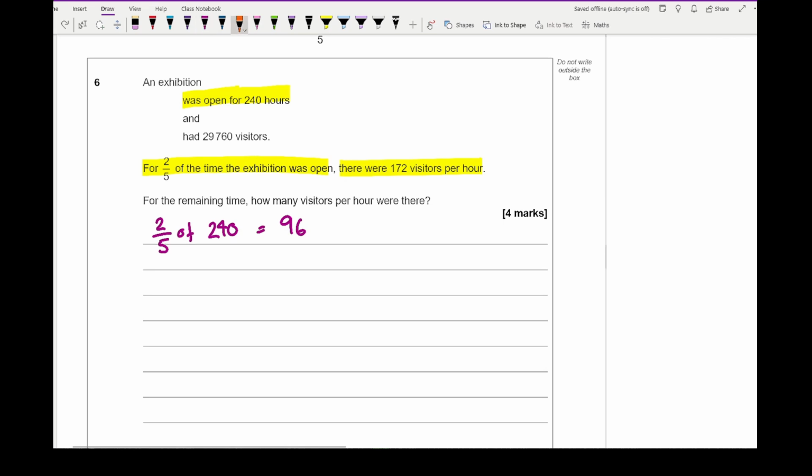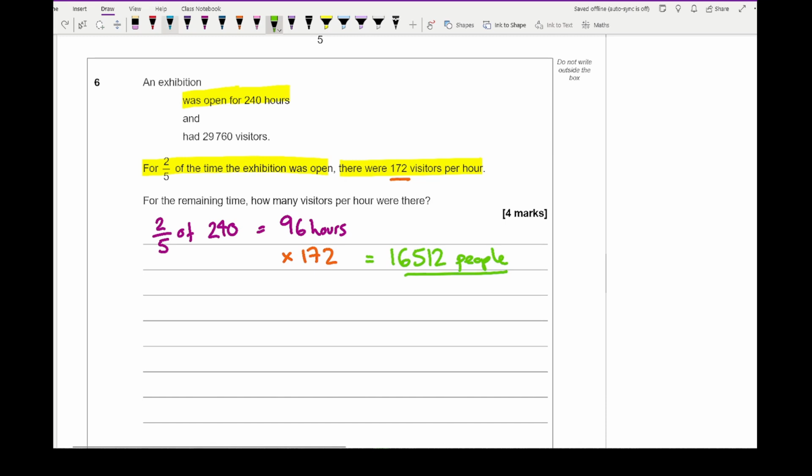Now if I then multiply that by the rate, which is 172 visitors per hour, that means that during that 2/5 of the time we had an attendance of 16,512 people.